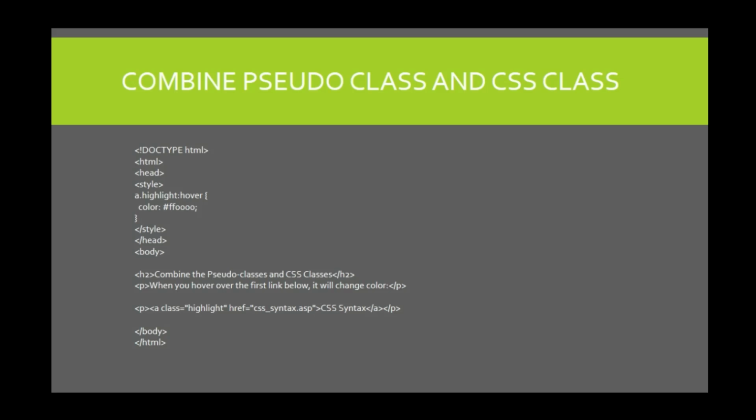Okay, and then lastly, combining pseudo classes and CSS classes. You can also combine a pseudo class and a CSS class. For example here, you have p.highlight and then colon hover.